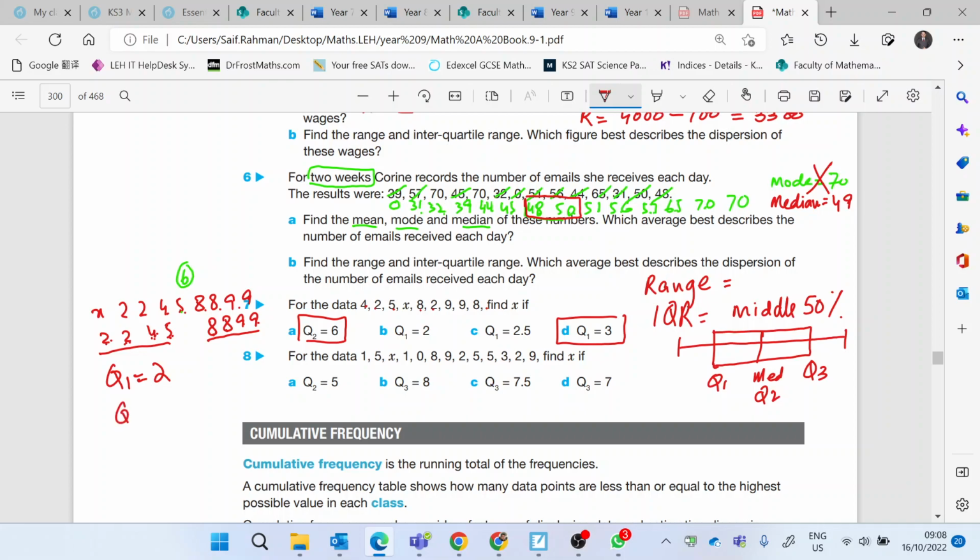The formula for Q1 is 1 by 4 times n plus 1.